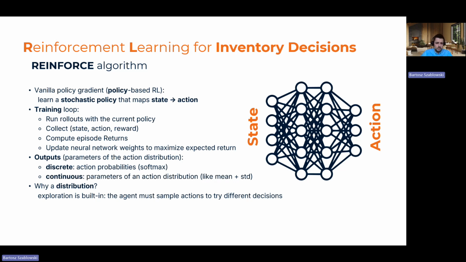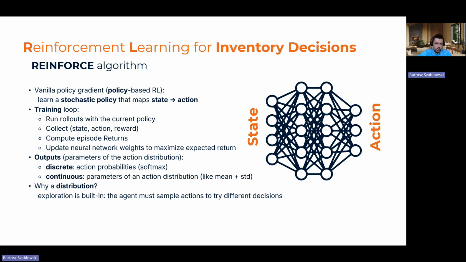It receives the states, generates the action, executes this action in the environment, observes the reward, and updates parameters based on the outcome. The intuition is simple. If a sequence of decisions led to a higher reward, we want to increase the probability of making similar decisions in the future. If it led to a poor result, we want to decrease that probability.